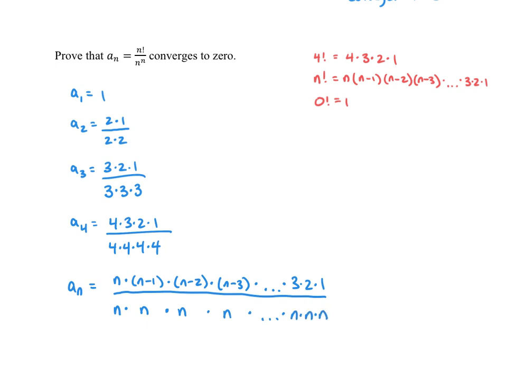Now there's a pattern that's forming. A sub 1 is not going to really help us very much, so I'm not going to worry about that right now. A sub 2, if you notice, the 2's cancel. A sub 3, the 3's cancel. A sub 4, the 4's cancel. A sub n, the n's cancel. Now aside from A sub 2, there's some sort of extra stuff in each of these.